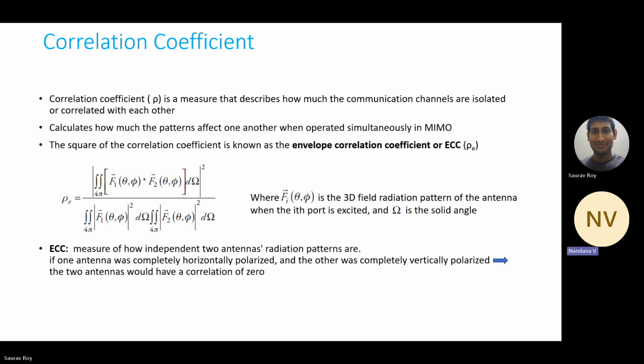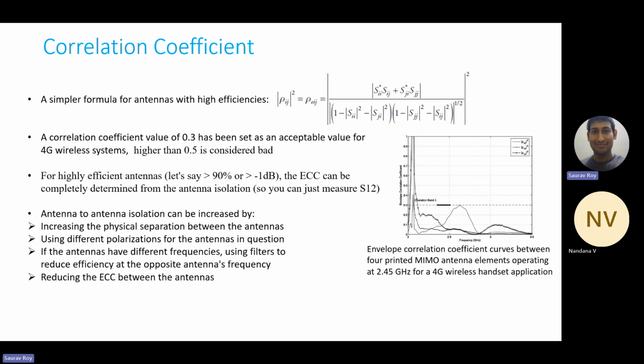The main understanding is that we should have almost orthogonal radiation patterns so that they have less correlation between them. Now people have seen that this radiation pattern based formula, although it is the actual formula, is very difficult. The easier thing is an S parameter based calculation, right? Because S parameters we can easily calculate and measure.